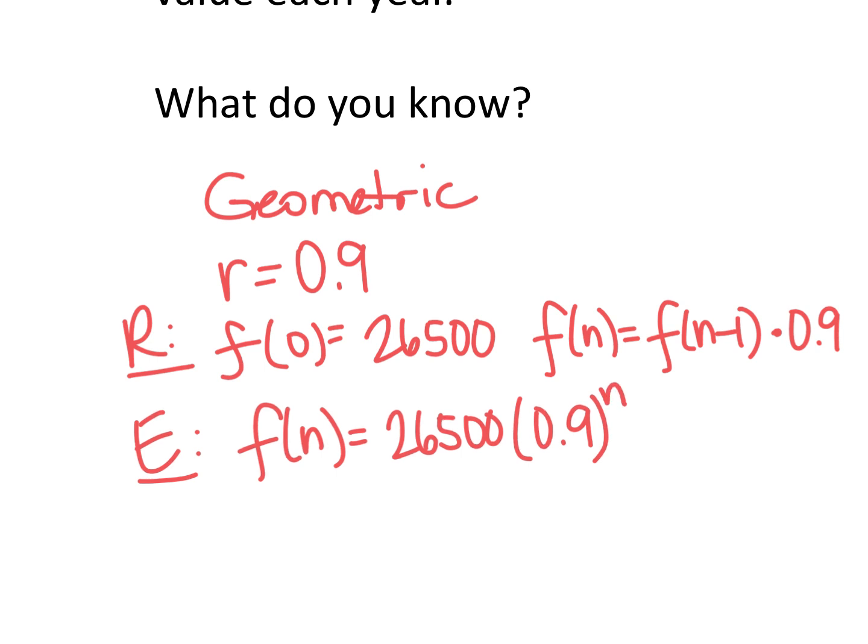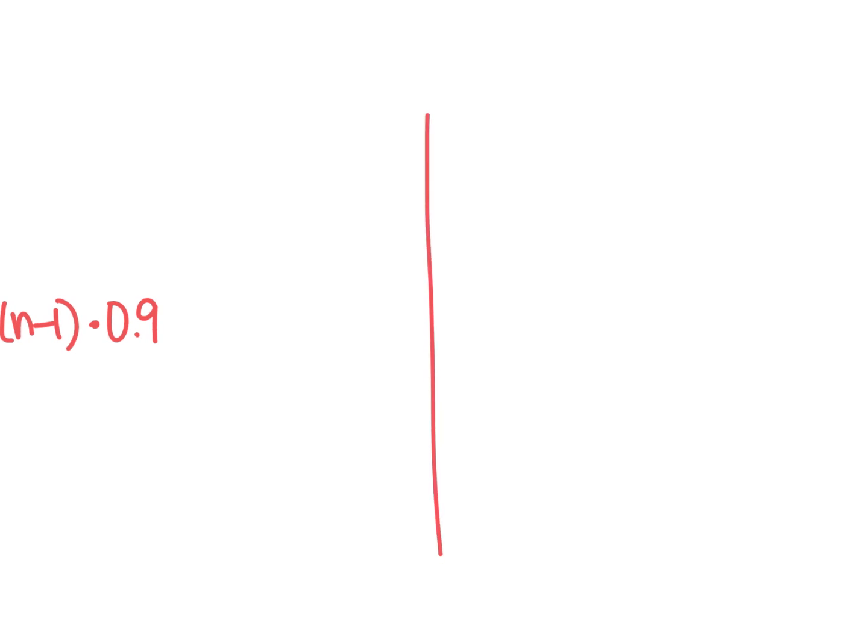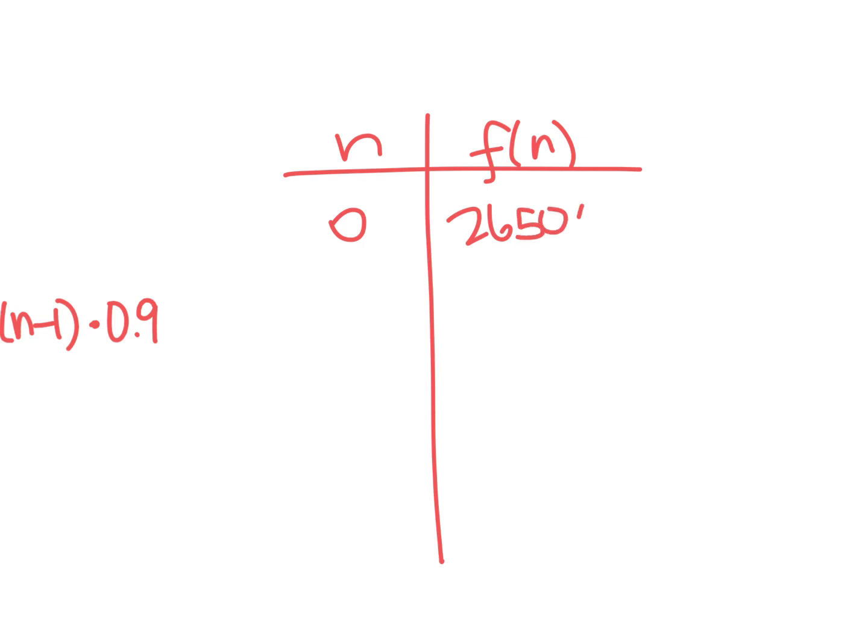Okay, let's show what this looks like in a table and a graph. So here's our table. So n, f of n. At time 0, our car is 26,500. At 1 year, it has dropped to 23,850.